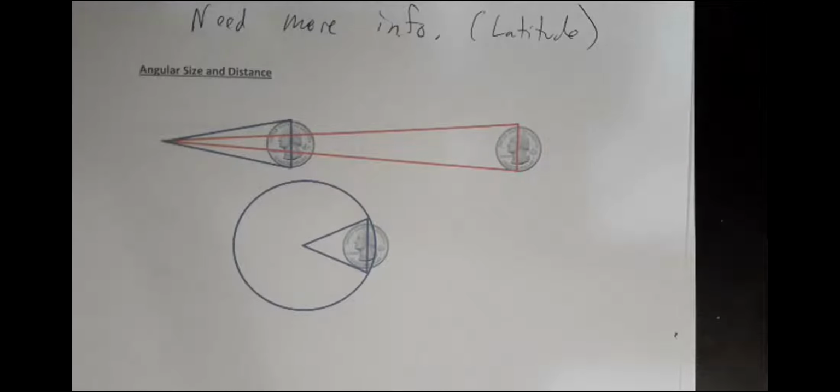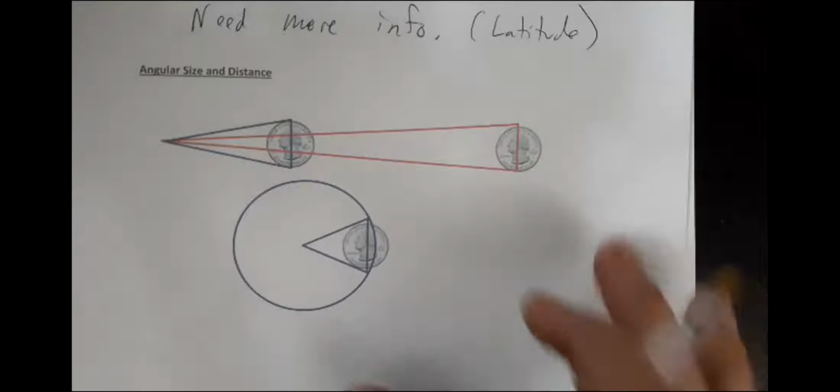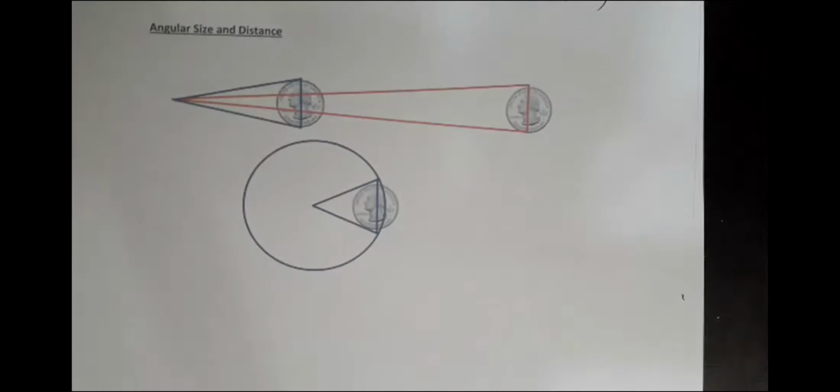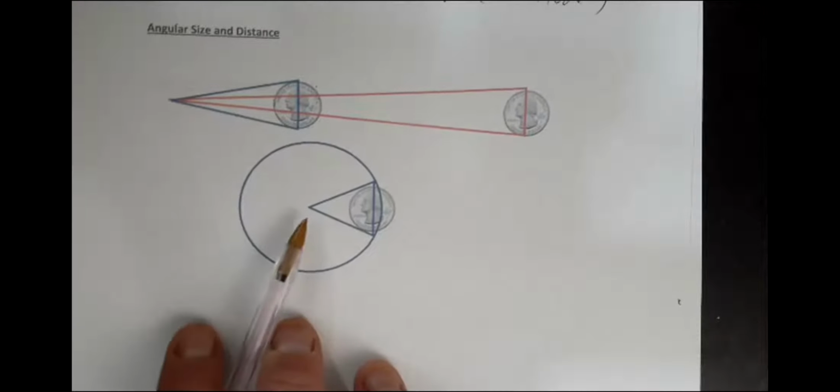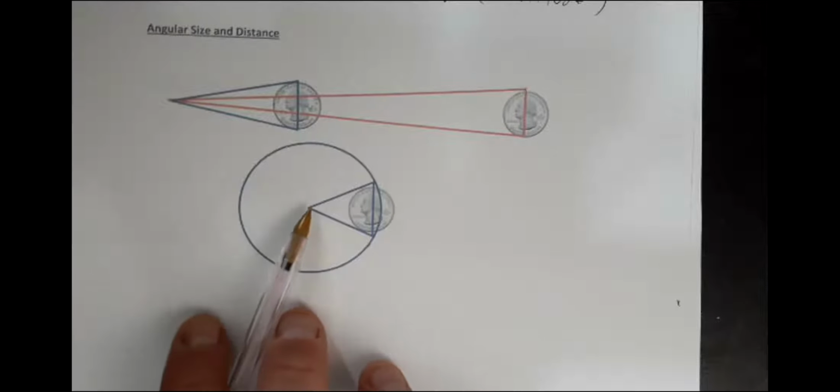So we want to break this down, and we want to create a sort of ratio between two things that are similar. So we have two similar shapes. Pretend this is our little eyeballs over here on this little vertex.